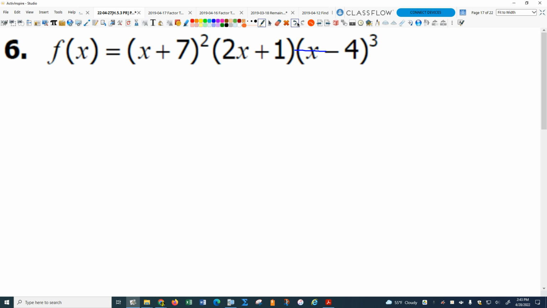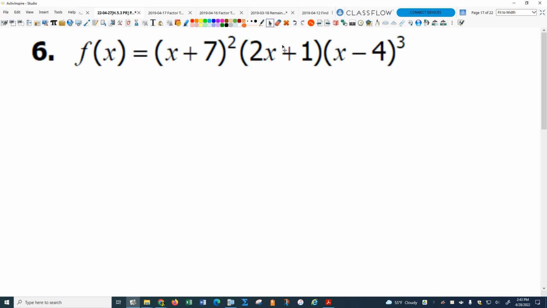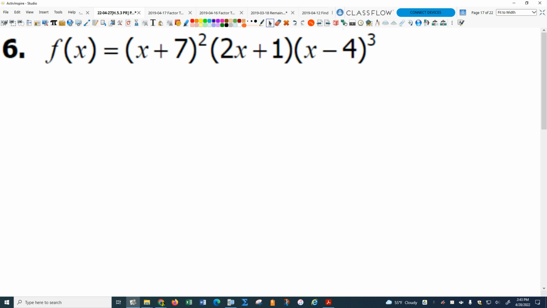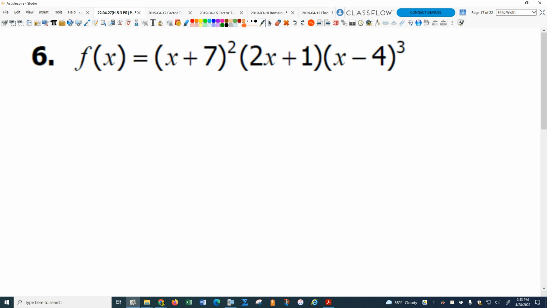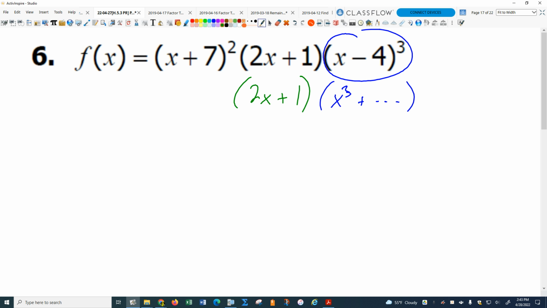Okay, so if I were going to take the x minus 4 cubed and expand out that whole thing, that's going to be x minus 4 times x minus 4 times x minus 4, right? Would everybody agree when I do that, I'm going to get x cubed plus a bunch of stuff, right? Okay, this green one is just 2x plus 1 to the 1.